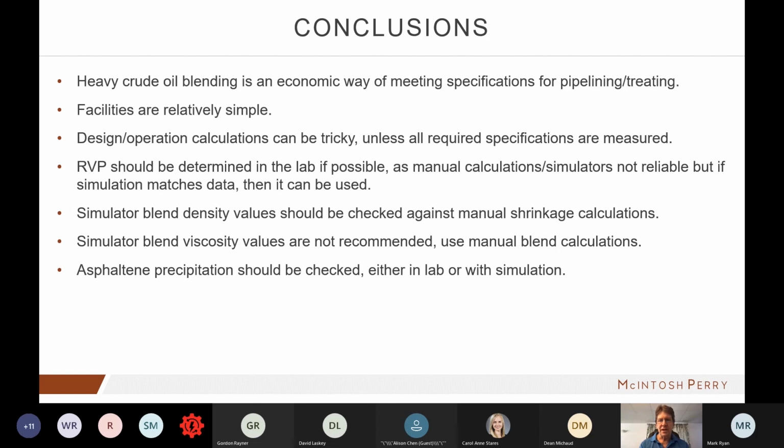Design operation calculations can be tricky, and it's really because of the blend versions of viscosity in particular, and the vapor pressures. So not only are calculations tricky, or can be tricky, actually operating the facility too, depending on what you're measuring.